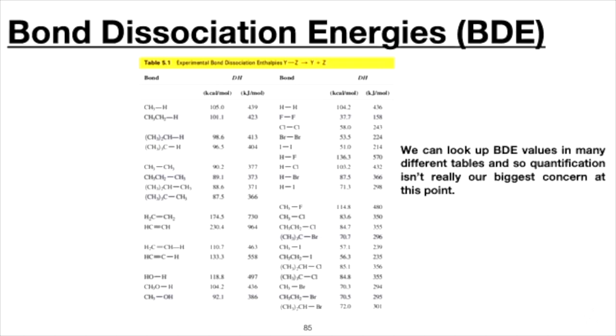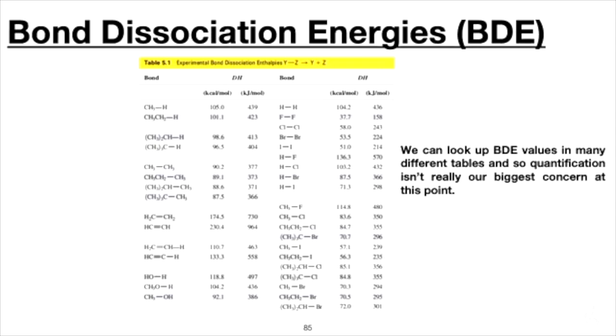It's the energy required to break a bond homolytically. We can look them up. We can see which bonds are more stable by finding out how much more energy one takes than the other. But that's about all we're going to do. We're not going to go into it really in depth like we did, say, for acid-base chemistry. We're going to leave it there.